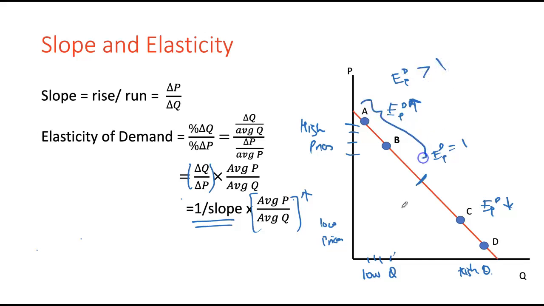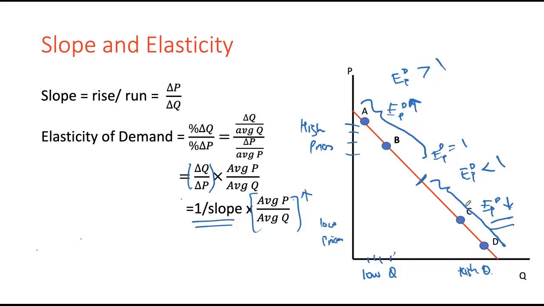So the upper segment has high elasticity measures, and we can say this segment is elastic demand. And below this particular point where you had unit elasticity, now you're working with low prices and high quantities. So elasticity measure is being pushed down below 1. So this segment is where we have inelastic demand. Elasticity of demand is now less than 1.